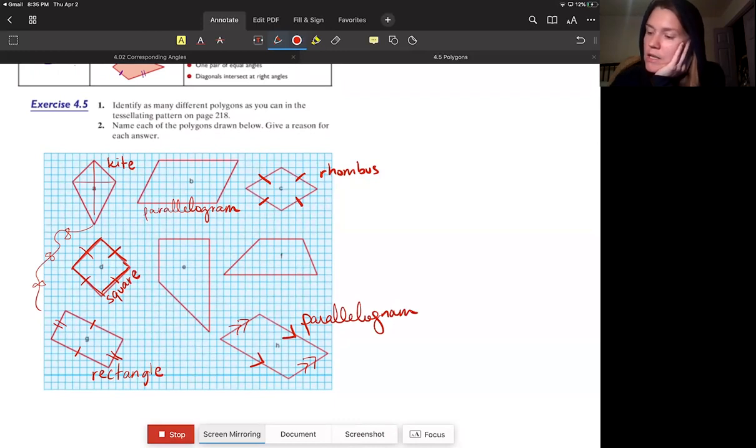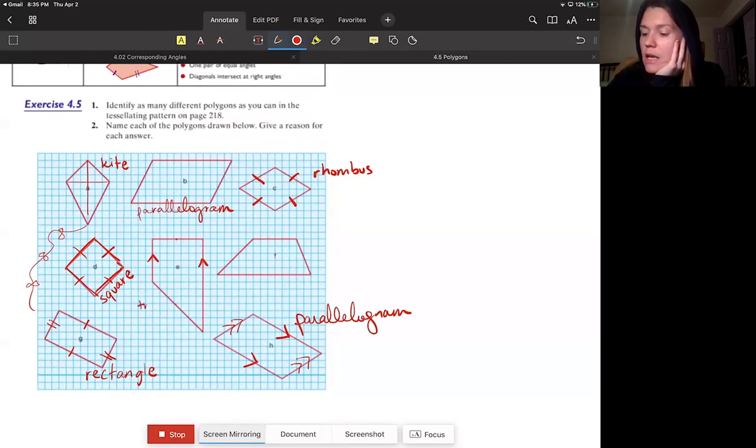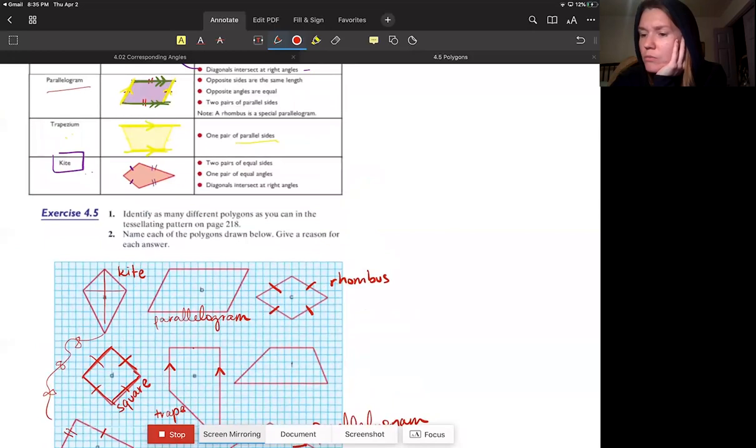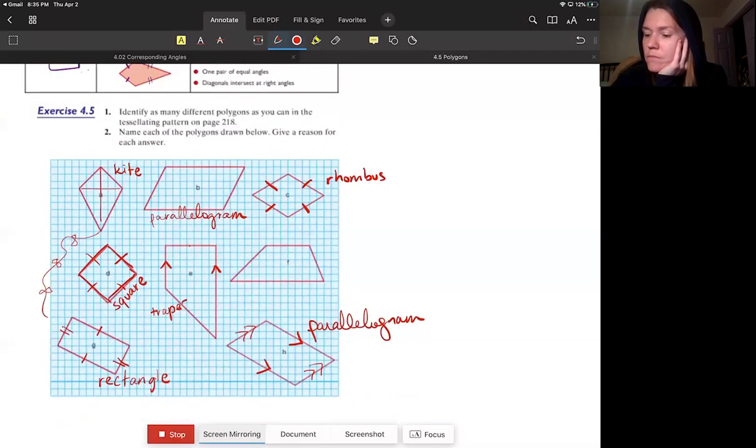So now when I look at these, it looks like this and this are parallel, but this and this definitely are not. So that's, we called them trapezoids when I was younger, but you're calling them something different. Trapezium, okay. So that's a trapezium. And then when I'm looking at this one, okay, that and that are parallel, but this and this definitely are not, so that's another trapezium.